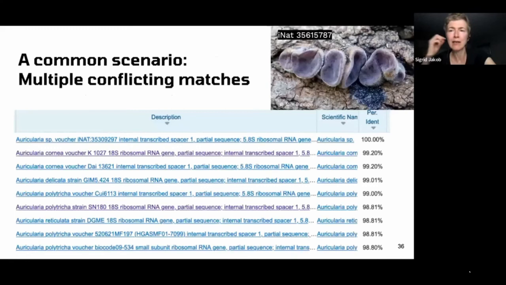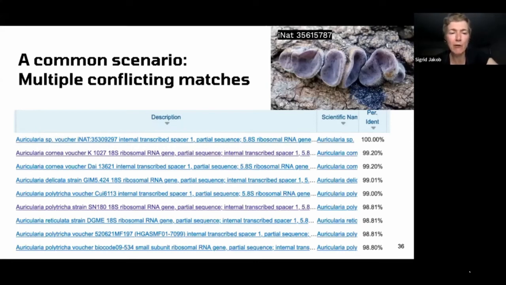Case in point, this is an Auricularia the club found on the club walk. It looked weird and a little bit different. We sequenced it, and the 100% match is the actual sequence, so no surprise there. But then you get Auricularia cornea, Auricularia delicata, polytricha, reticulata, and they're all at similar levels of similarity.